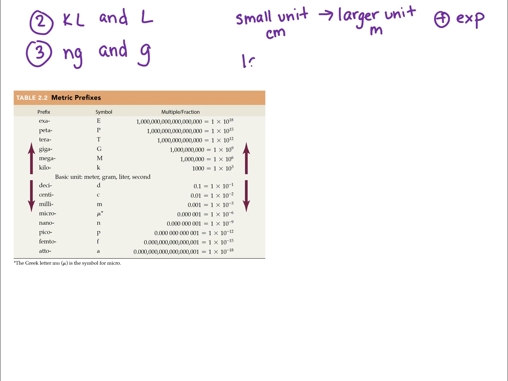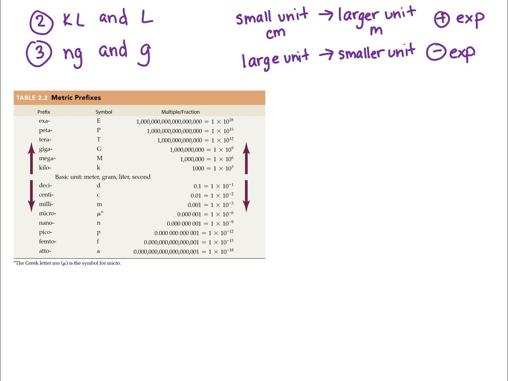If you're going from a large unit to a smaller unit, you're going to have a negative exponent.